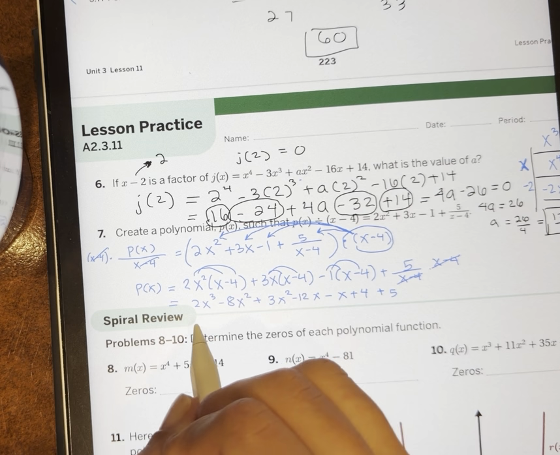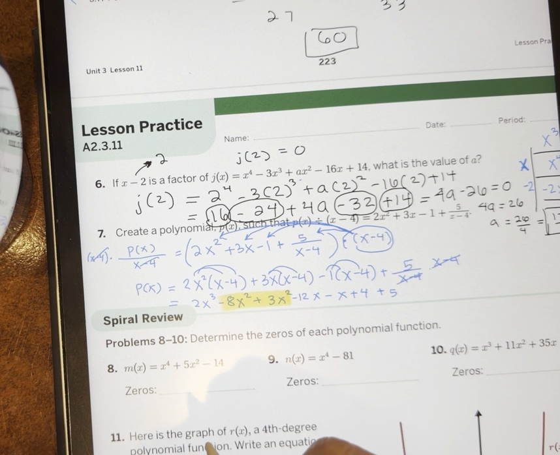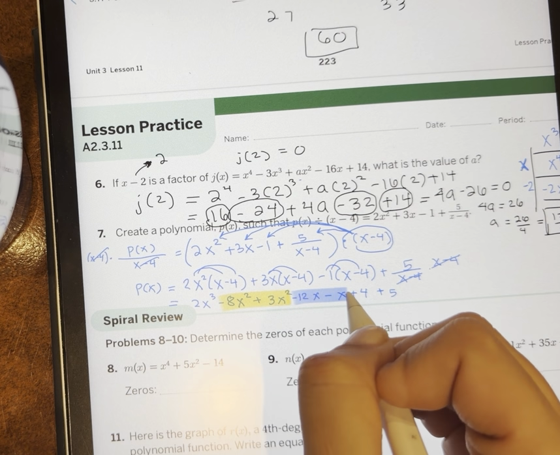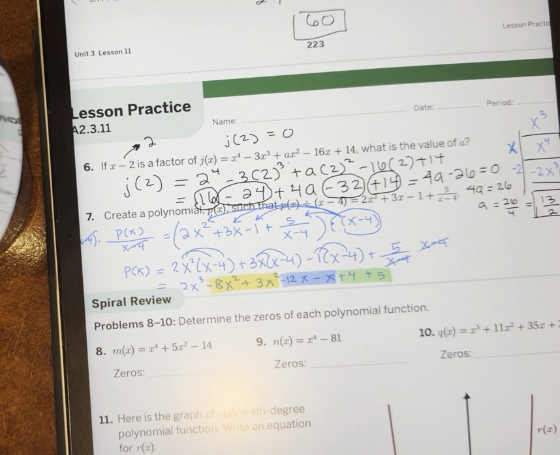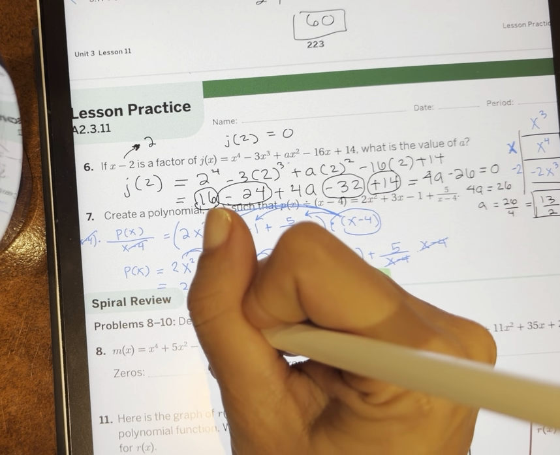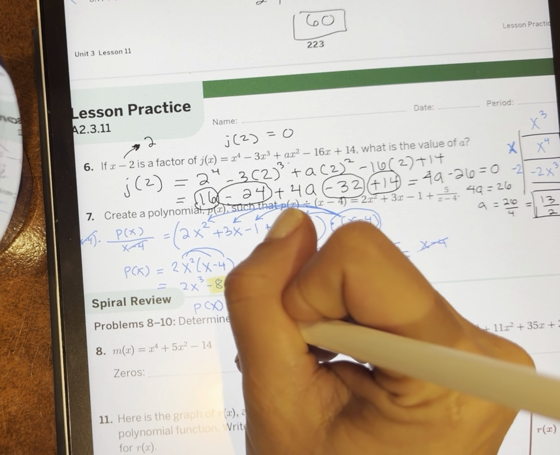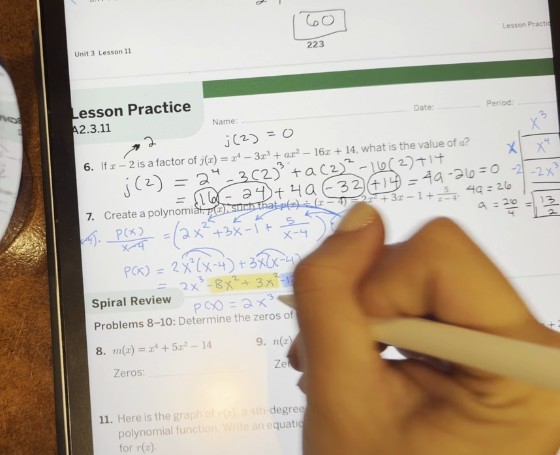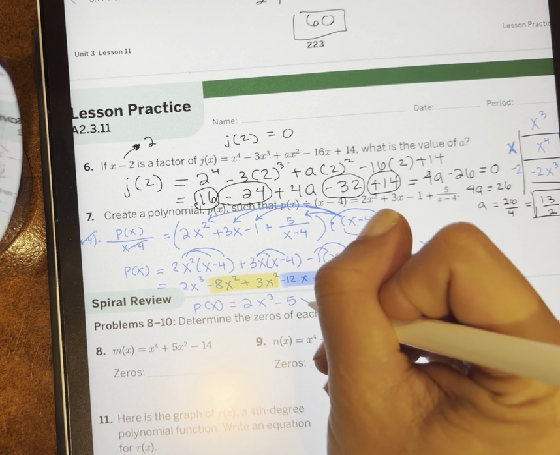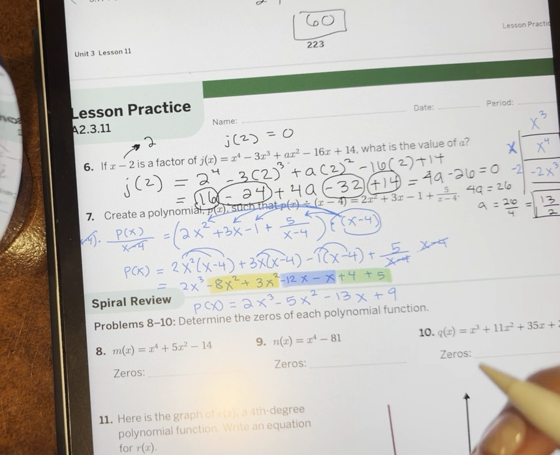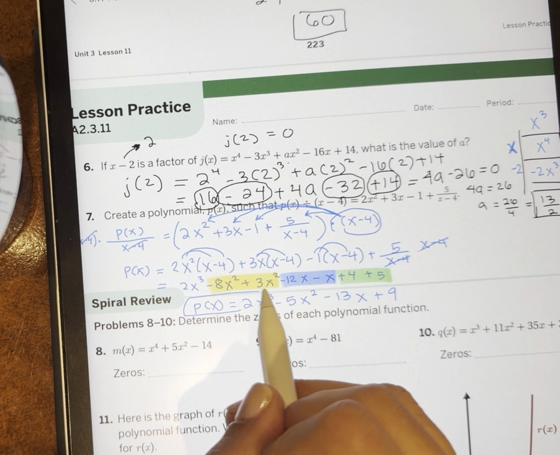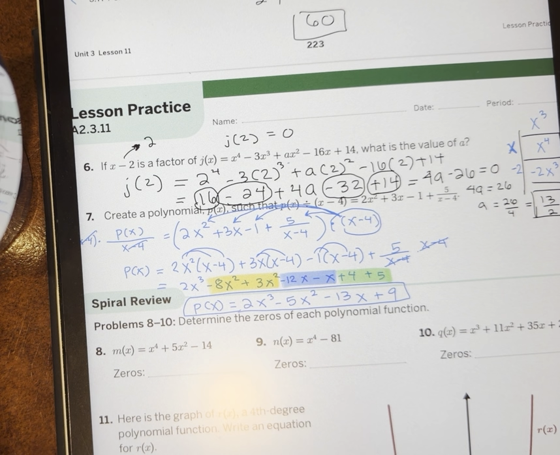So there's only one x cubed, but here's 2 x squareds. Here is my x terms and my constant terms. So p of x must equal 2x cubed minus 5x squared minus 13x plus 9. Okay?